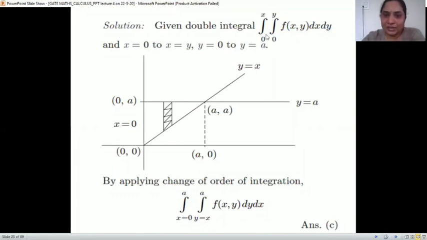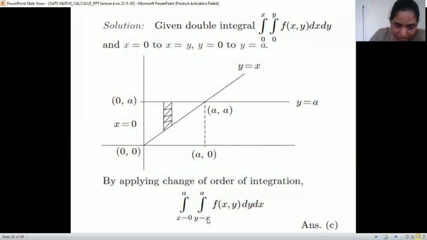And as these are limits of x and we have to change it to y, we have to draw a strip parallel to y. So the lower end of the strip is on the line y is equal to x, and the upper end is on the line y is a.